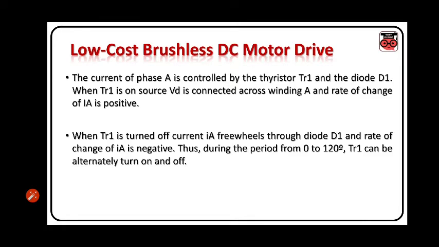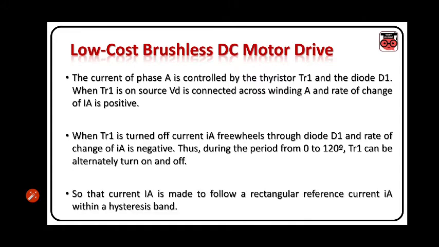When TR1 is turned off, current Ia freewheels through diode D1 and rate of change of Ia is negative. Thus, during the period from 0 to 120 degree, TR1 can be alternately turned on and off, so that current Ia is made to follow a rectangular reference current Ia* within a hysteresis band.